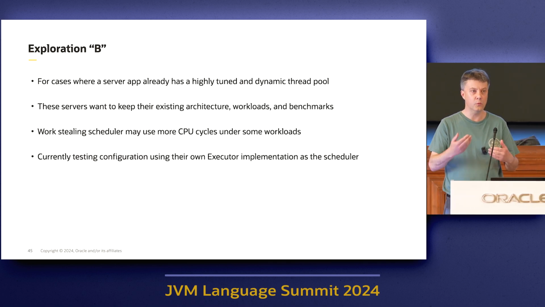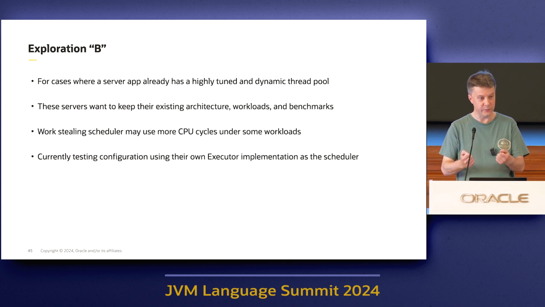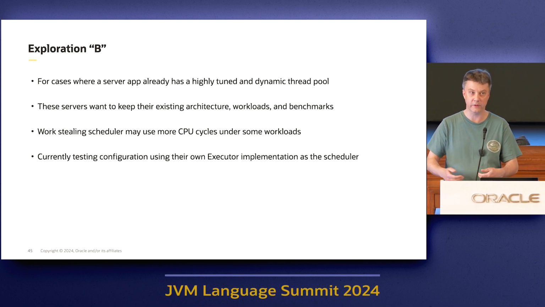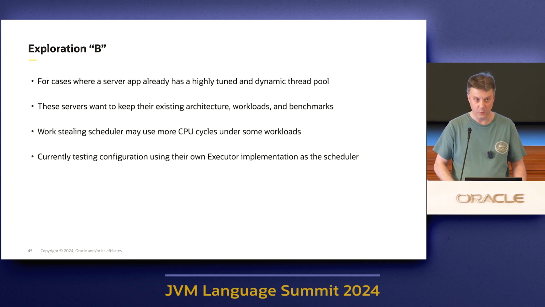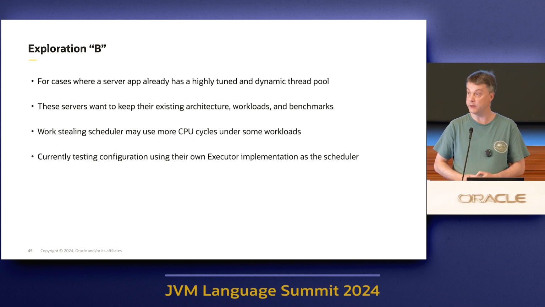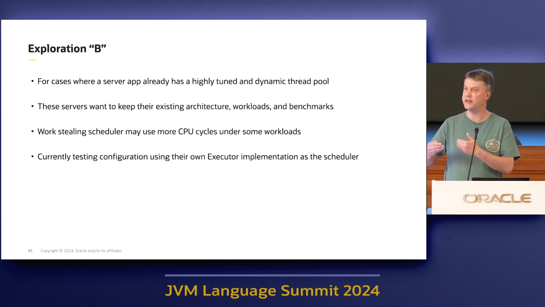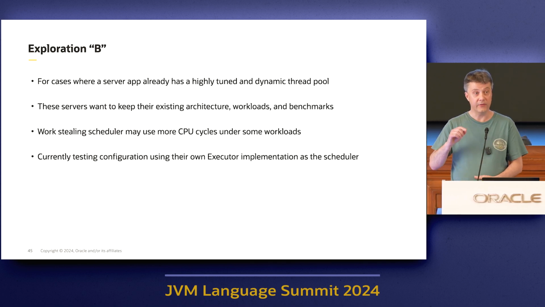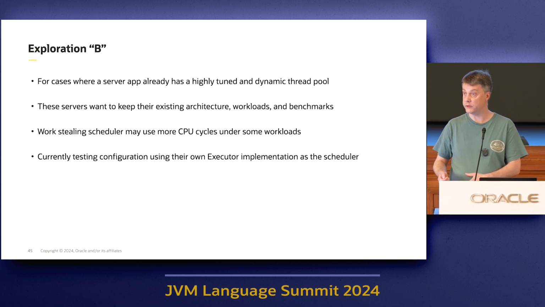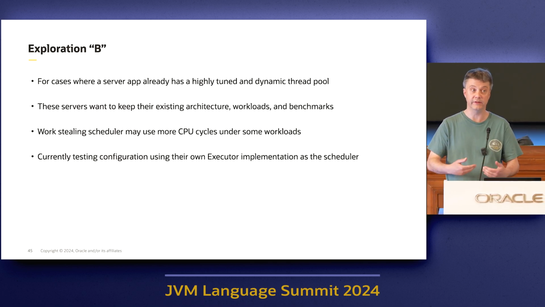So work stealing works really, really well with virtual threads on a busy system. But when the system is not under load, what are these work stealing worker threads going to do? They're going to be looking around the room and finding work to do, before they actually go and park. And that little bit of work spent looking around for other work to do is observed as additional CPU usage.